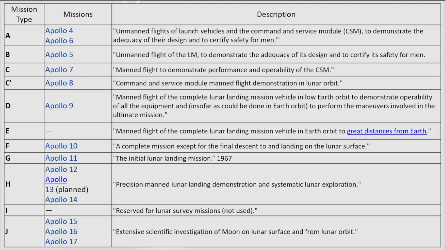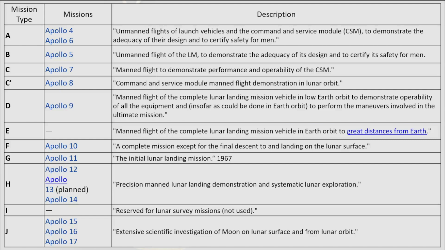Then finally Apollo 11, which was the first mission where they stepped on the surface of the moon. So it was in 1967, the initial lunar landing mission, as it is called. Then after that, obviously, they improved it.